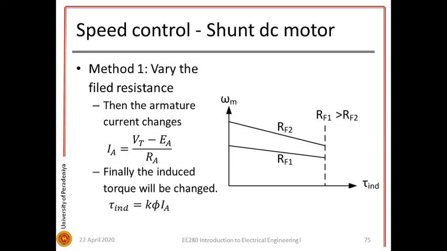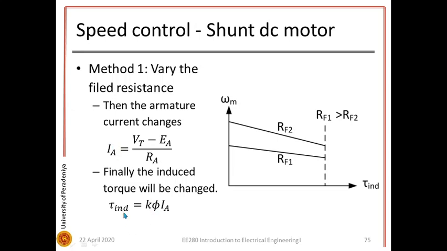You could see the armature current equals terminal voltage minus internally generated voltage over RA. So what you could see here is that if you change the flux, you are changing EA. That means you are changing the torque-generating current flowing to the armature.